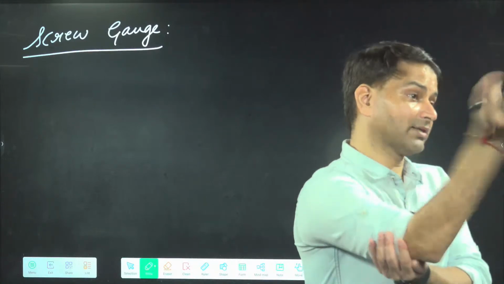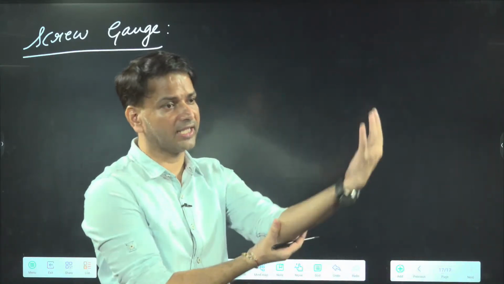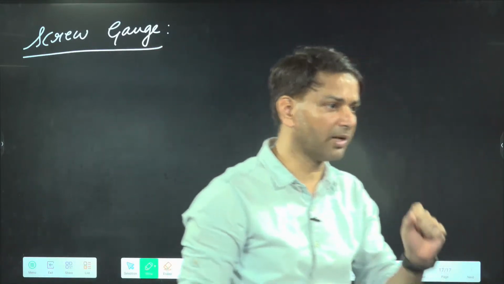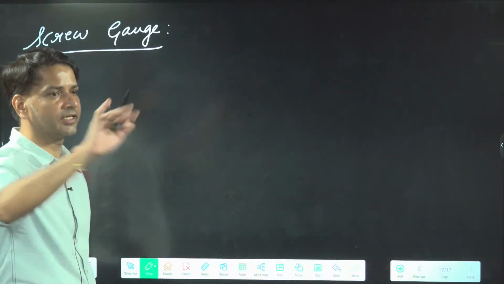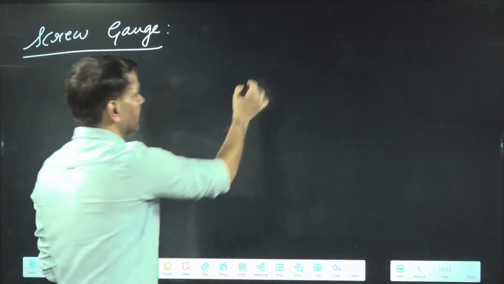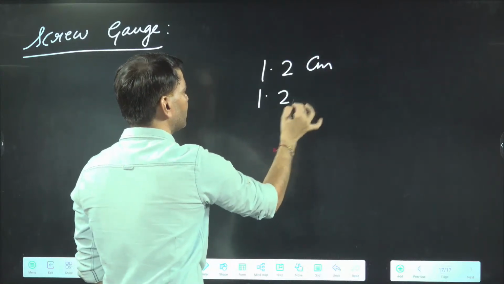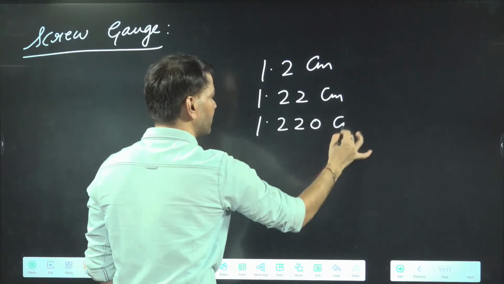Suppose I'm saying that some length has been measured by using the screw gauge, and I'm sending the data to anyone. Suppose the length is 1.2 centimeter, 1.22 centimeter, 1.220 centimeter.